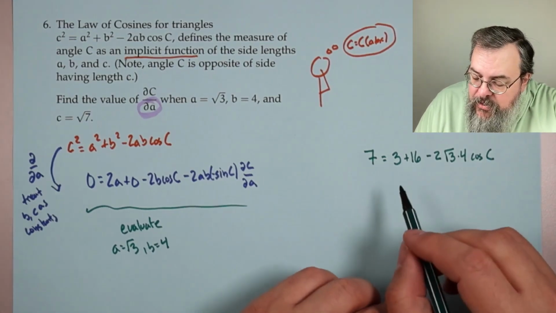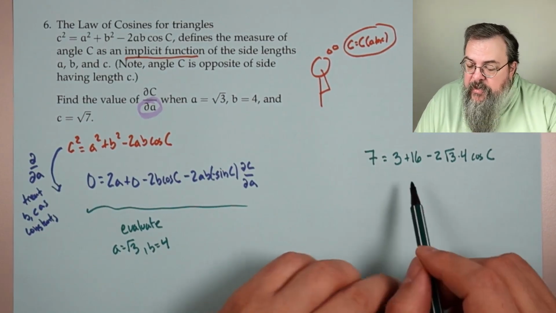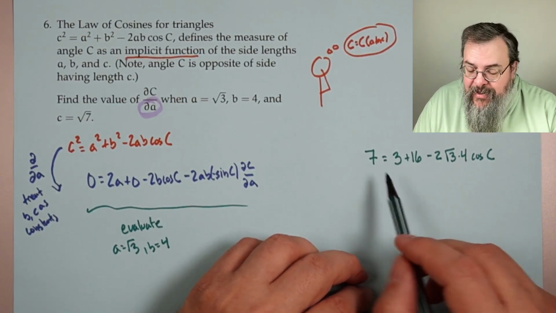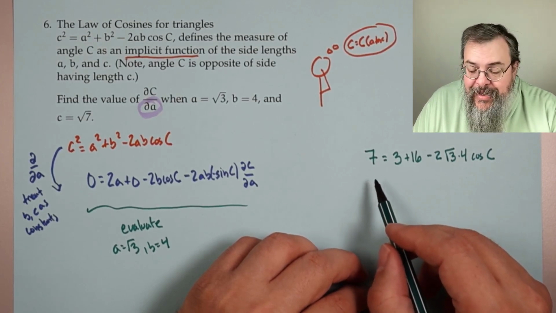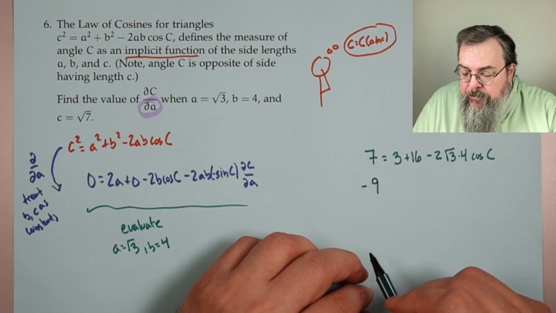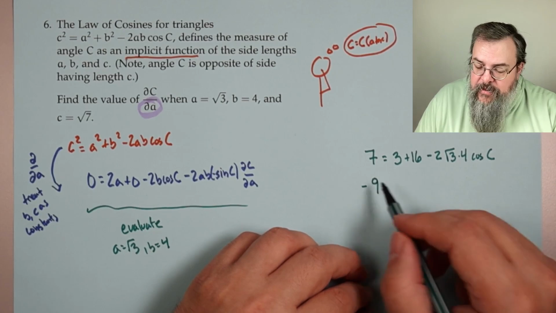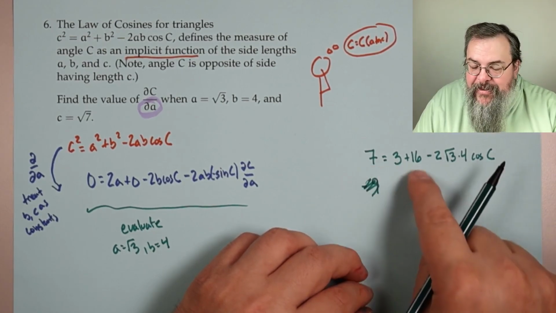All right, so let's see. Yeah, let's start moving things around. This is 19, you subtract both sides by 19. 7 subtract 19 would be negative 9. Is that right? No. 7 subtract 16 is negative 9.